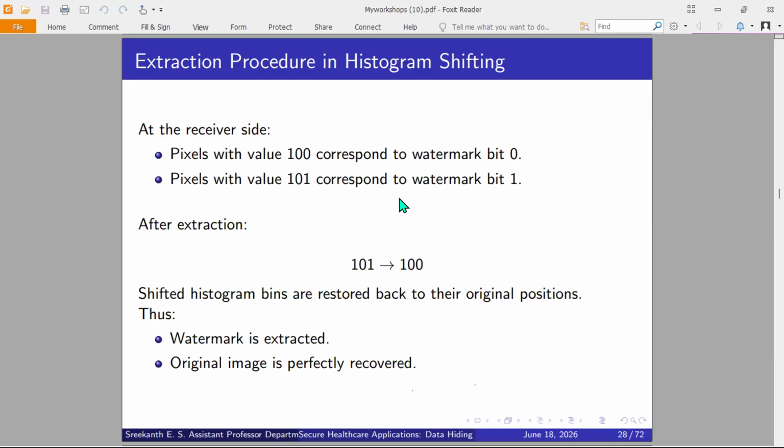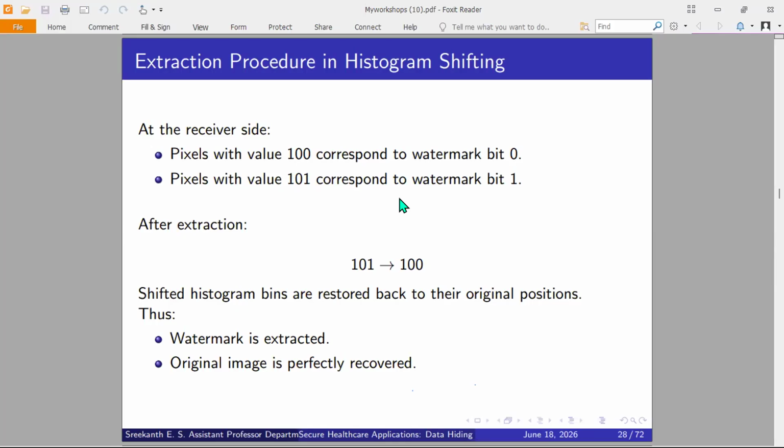If there is a 101, that indicates it was changed to 101 just because of the embedding of the watermark. So all the pixels with 101 are changed to 100. Now what is to be done? The intensities will be moved back to the initial stage. Not only 100, all the intensities from 105 onwards are pushed back to the initial intensity.